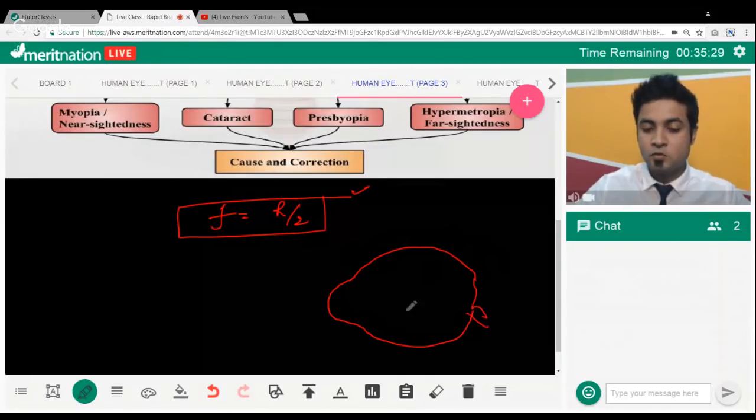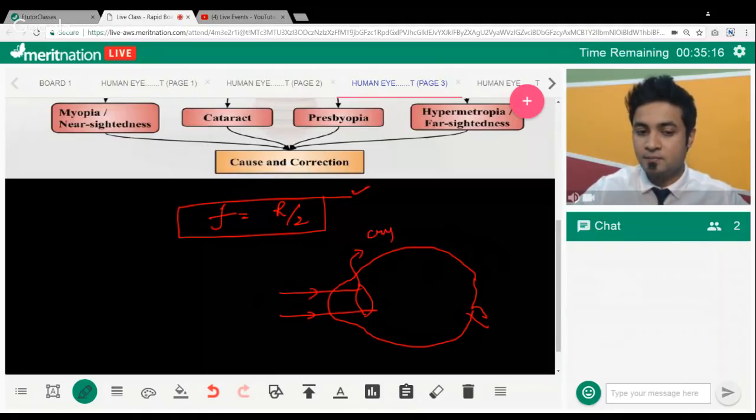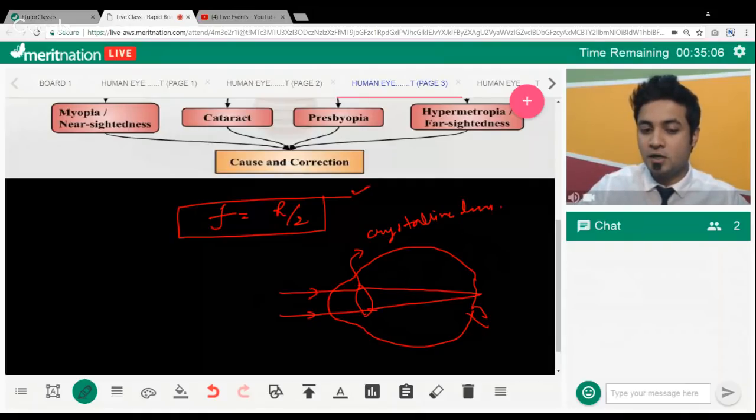So what is happening here is we have a lens in between, and the rays are coming. We call this lens the crystalline lens, and these rays are going to merge at the retina, where the image is formed.